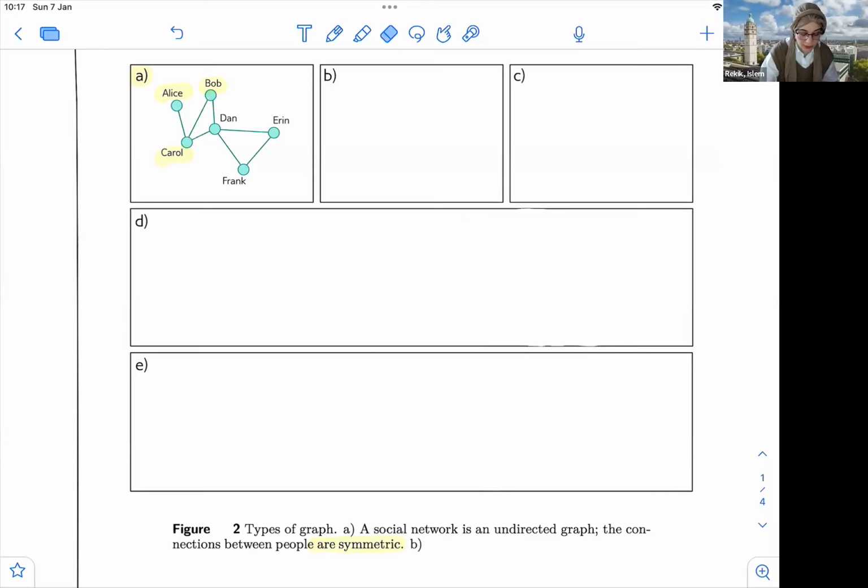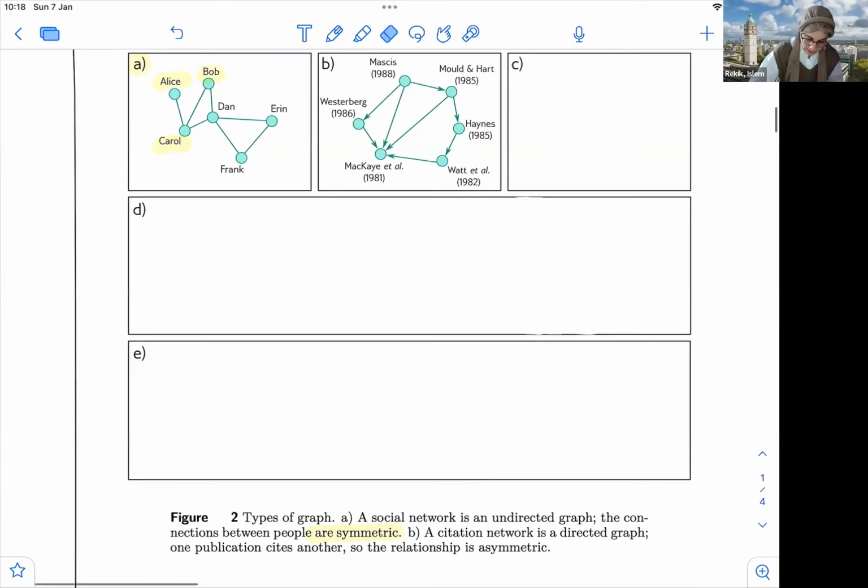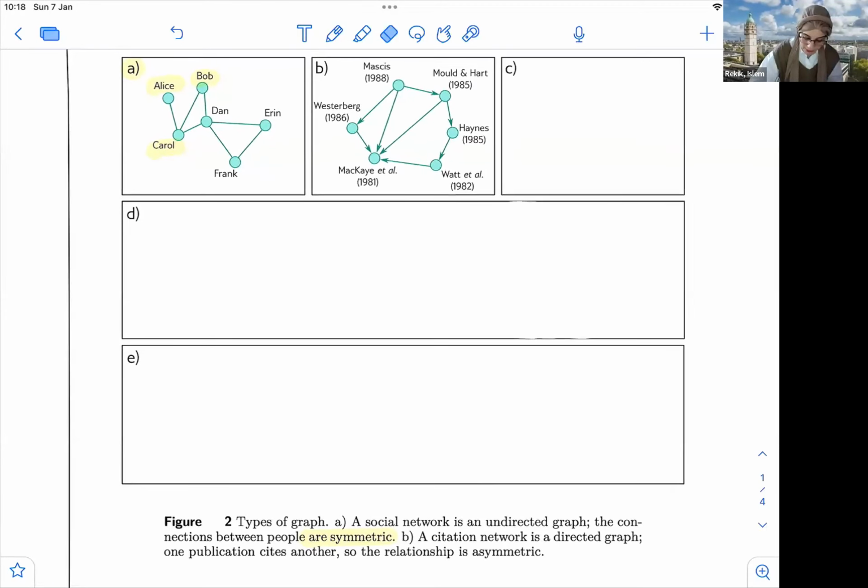In this example, this is a particular type of graph where you have, for example, friendships on a social network. Now let's look at B. B here is a citation network. In this case, as opposed to the social network, which was undirected, this is a directed graph.